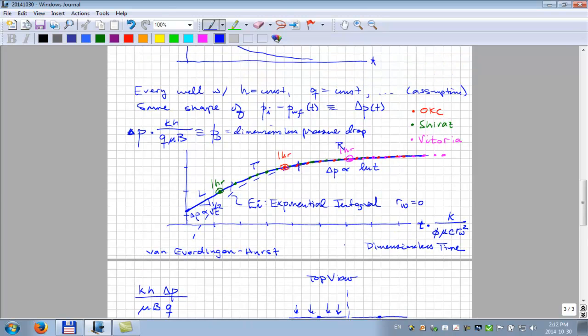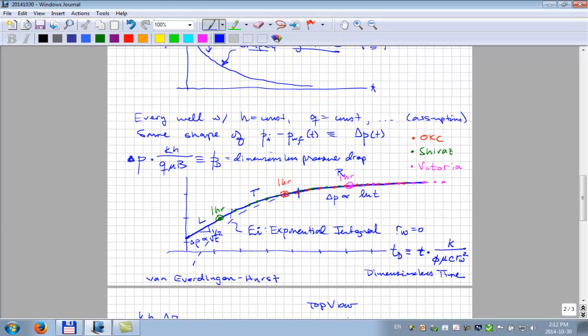TD. That's what this is called. Dimensionless time. There's a constant for units' sake. If you have units, you have to have, you know, a number in there.